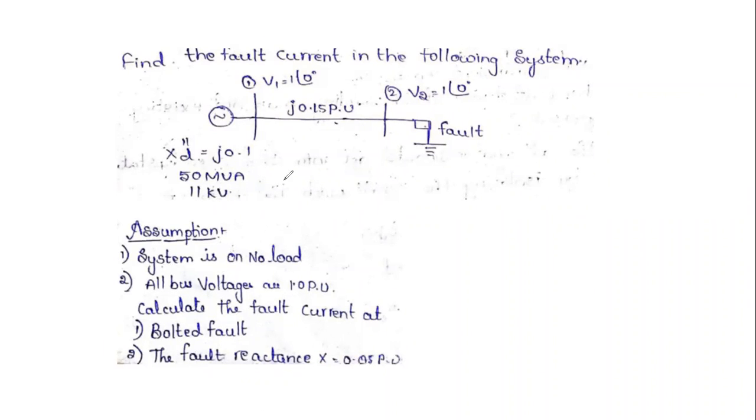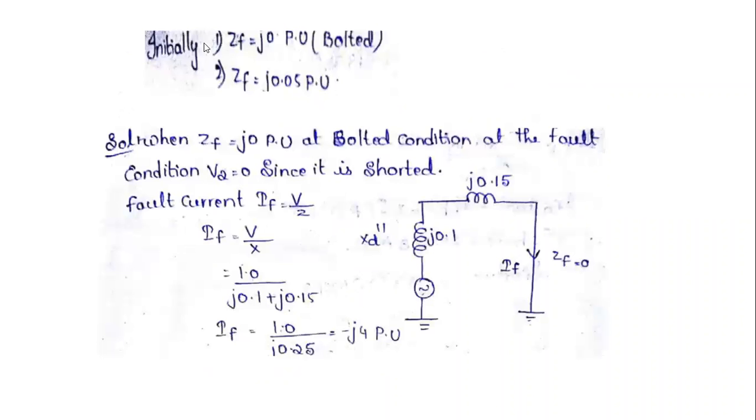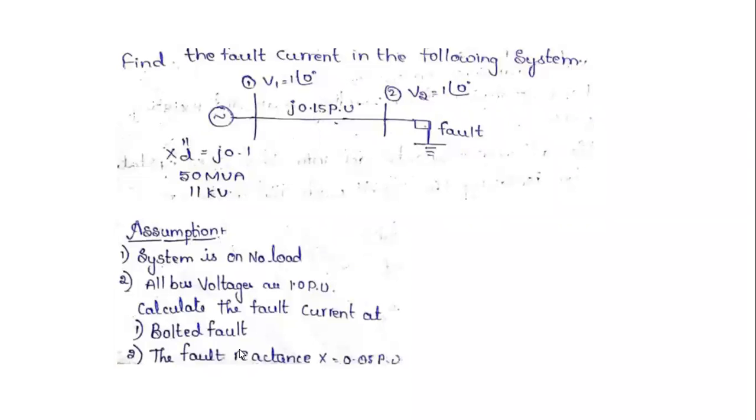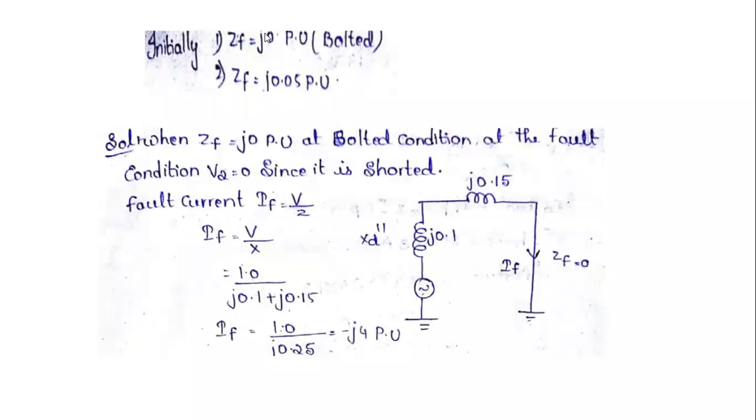By using these assumptions, we will calculate the fault current for the two-bus system. First of all, IF is equal to j0 per unit. Bolted fault means the impedance ZF is equal to j0 per unit.